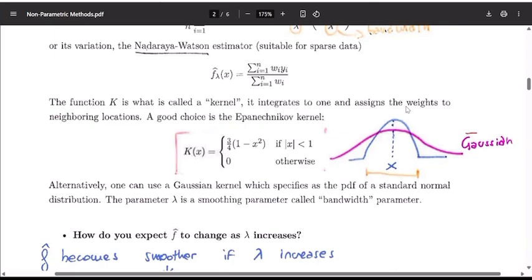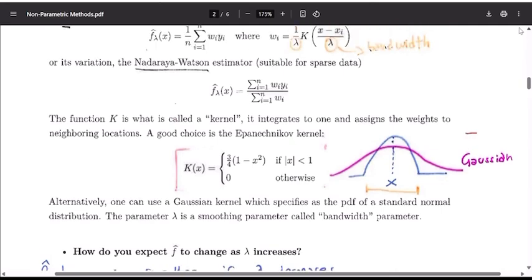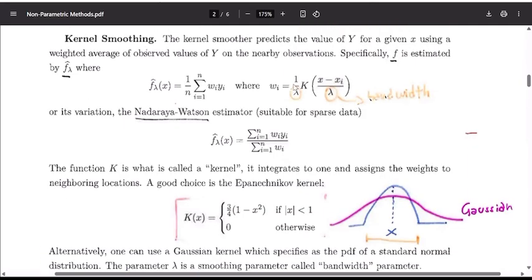The ones that are far away will have a lower weight. So the bandwidth lambda is very crucial to smoothness. The selection of bandwidth is crucial.